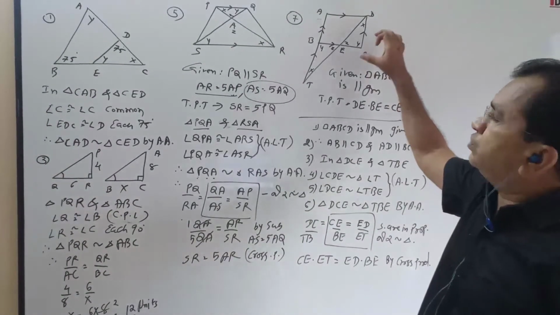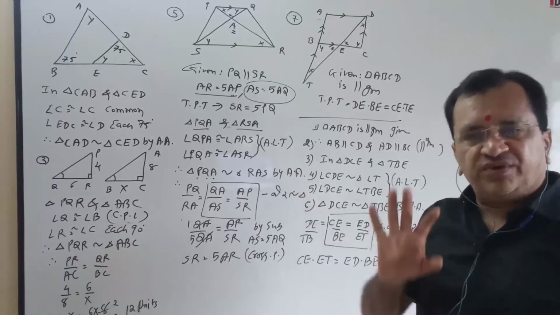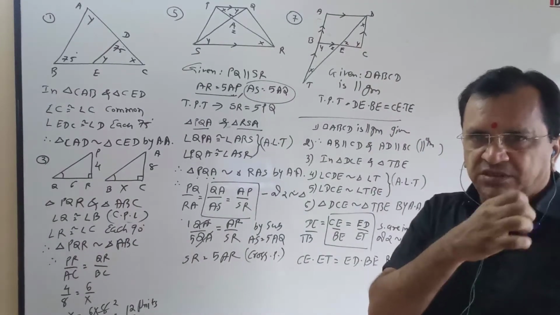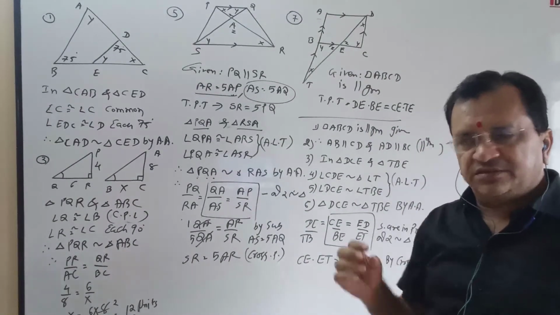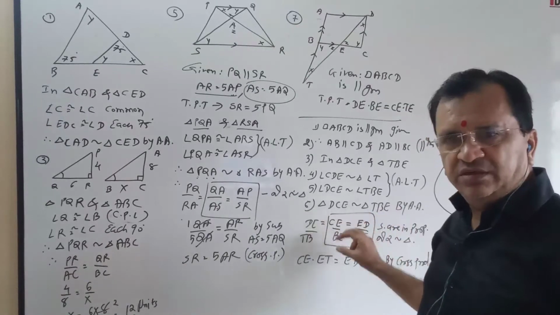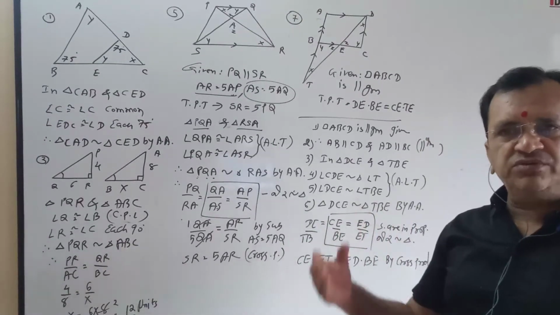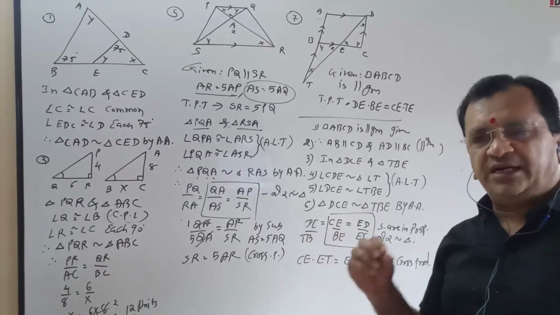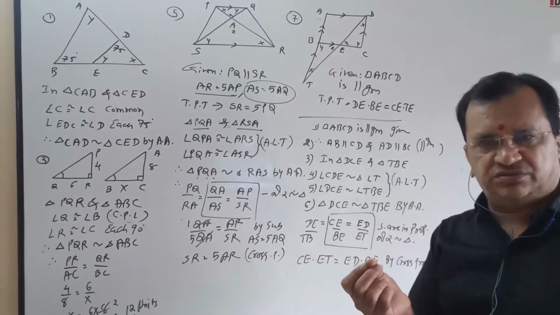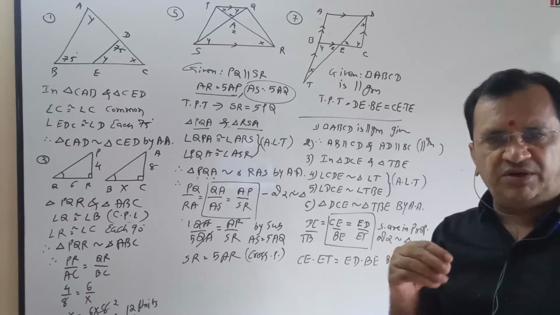So two triangles are not given similar. First you have to make them similar. Then read the question again, whether you need ratio equal or product equal. Question-wise we have to arrange which you have to cross product.